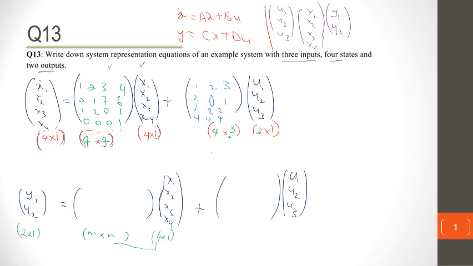So right from the onset, we know that this has to be 4, and the result has to be m by 1. So the m has to be 2. Cancel that, we put a 2 here. So this has to be a 2 by 4 in order for this multiplication to make sense. So we'll have 2.